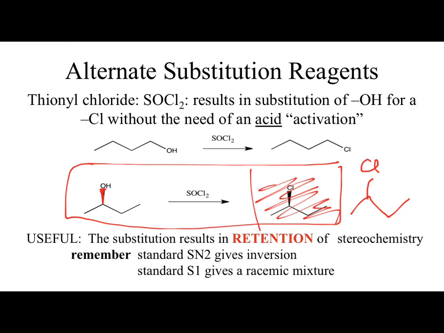Thionyl chloride goes through a slightly different mechanism than we've seen before, so it's not one that I expect you to know, but I expect you to know the result. The result is that the chloride substitutes from the exact same side. So if I start with a wedged alcohol, my product will be a wedged chloride.